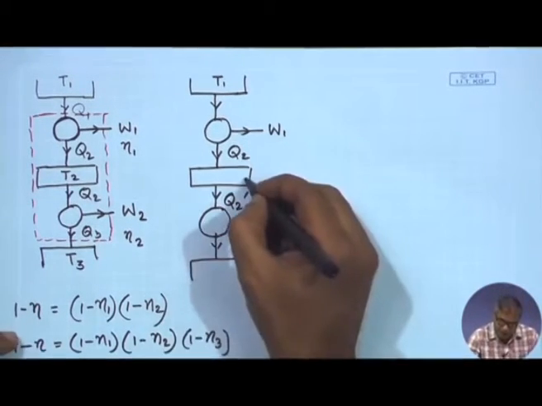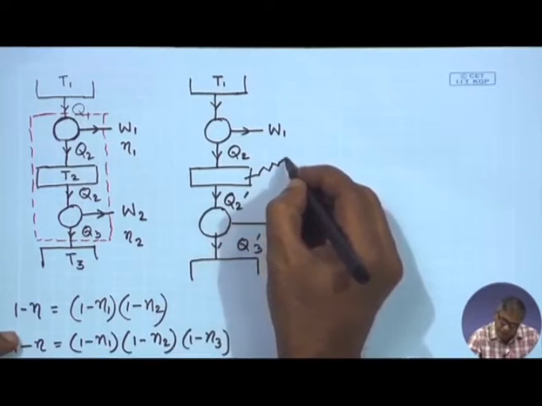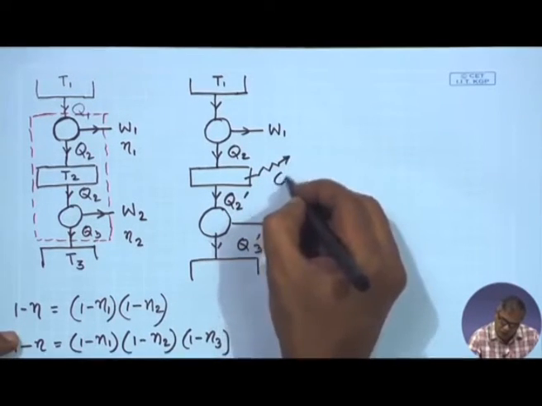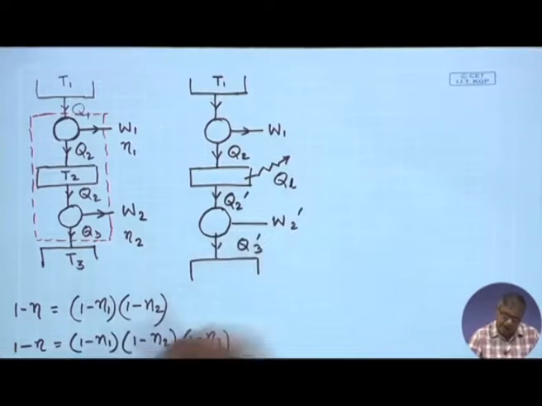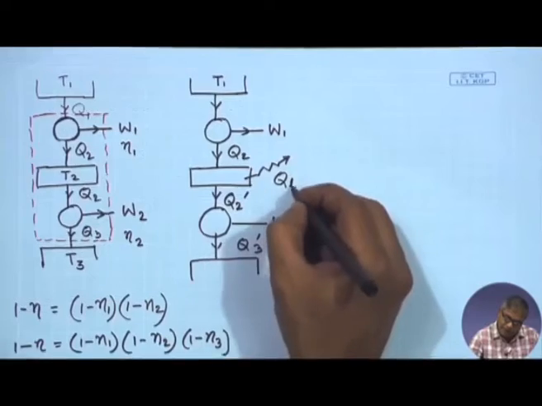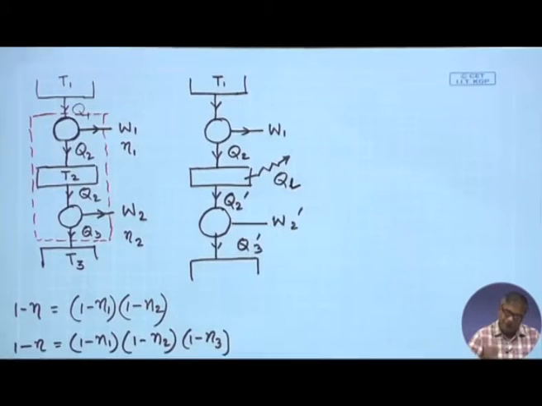In practice there will be a certain amount of heat loss, which I denote by capital L, Q L, when there is heat transfer from the topping cycle to the bottoming cycle through a heat exchanger.